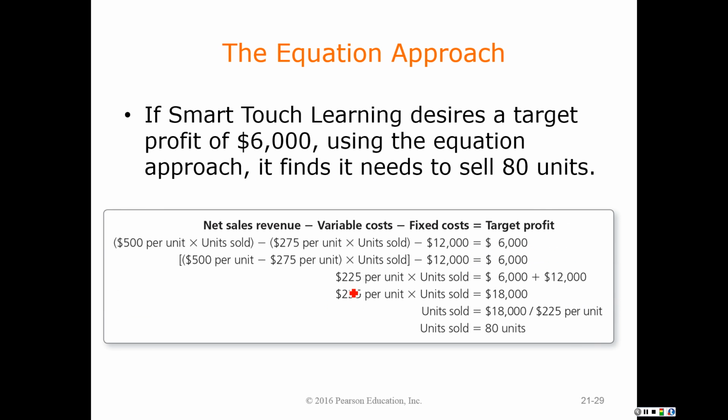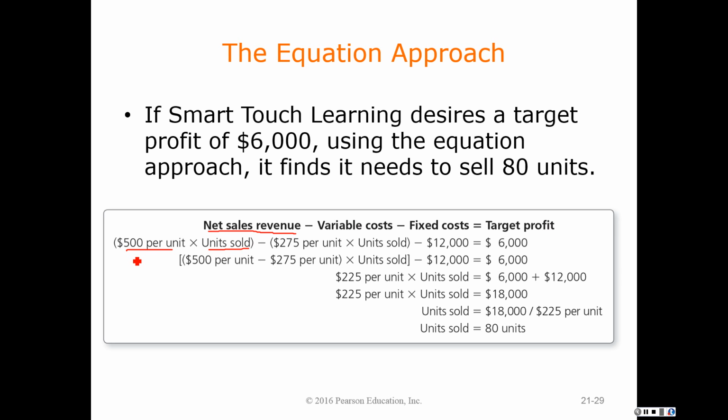To understand that equation, we have to understand the relationship between variable cost and fixed cost. Remember, if I want to know my sales revenue, then it is simply how many units I have sold times the amount that I'm selling those units for. So the number of smart tablets sold times $500 per unit. That's my sales revenue. Remember, for every tablet we sell, there are some variable costs associated with it: the material, the labor, and the overhead.